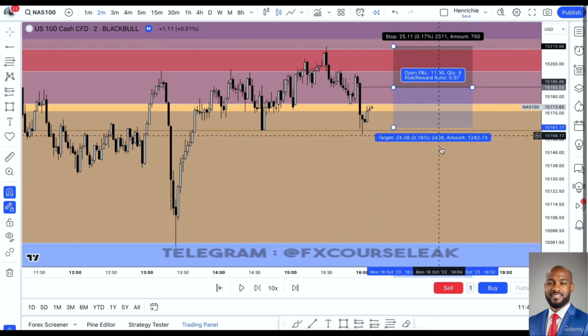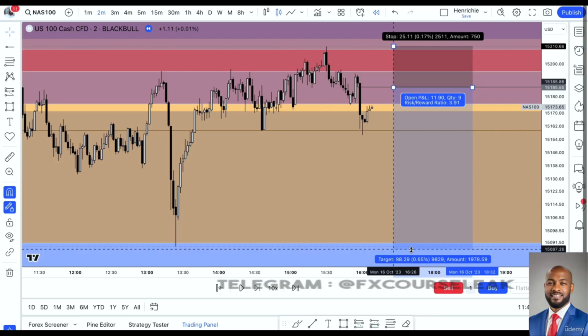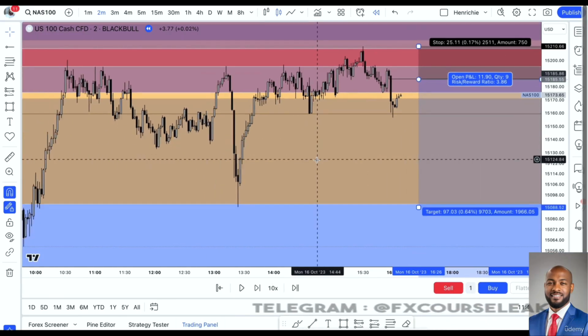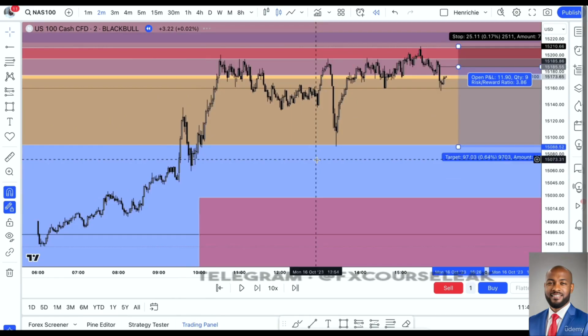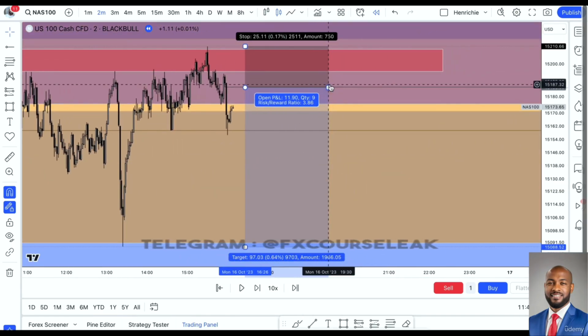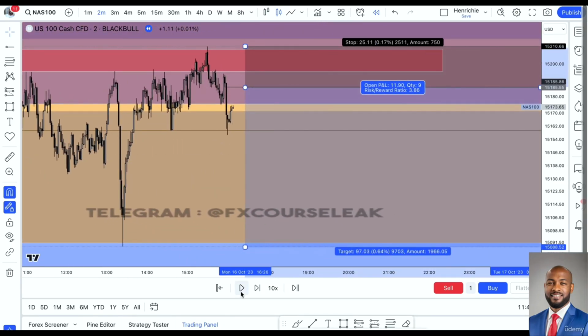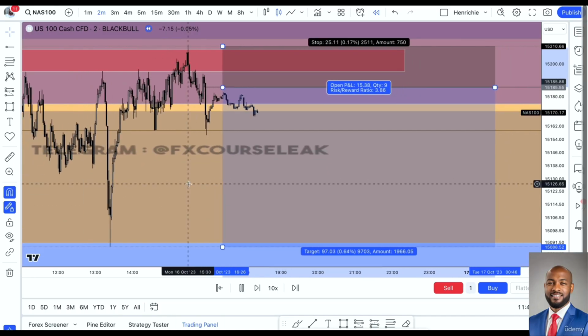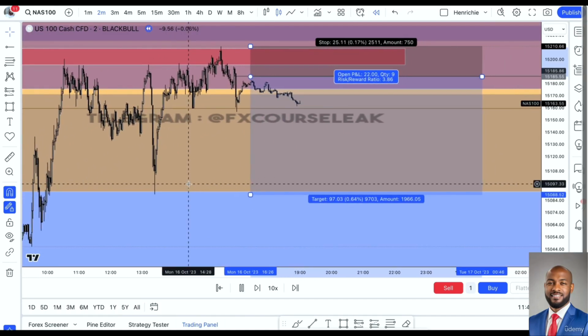Now this high will be the stop loss, and we can be hunting for 1:3 or 1:4, even though this trade delivered over 1:20, but that's not really the point of this video. So let's see what the market is going to do so far.